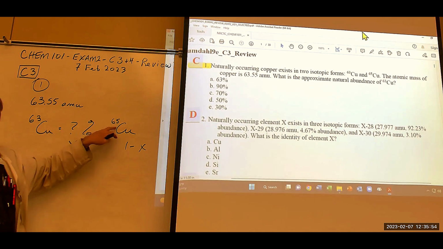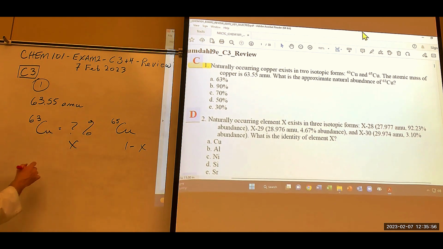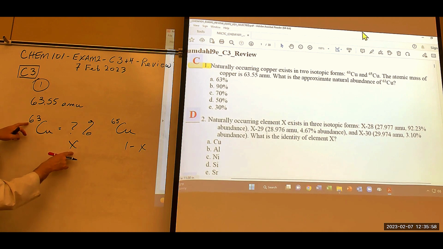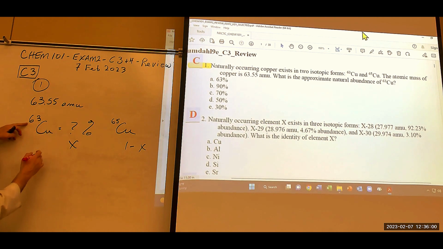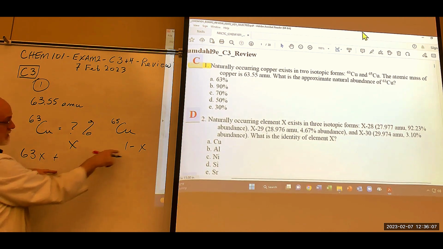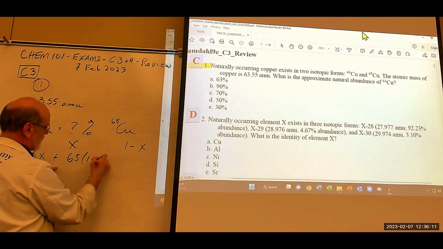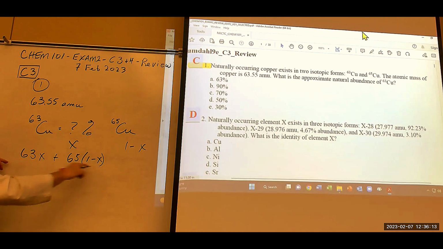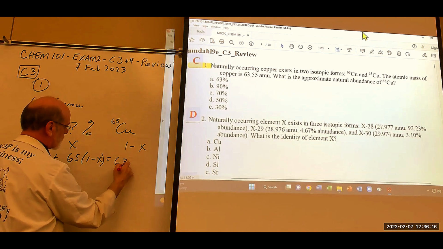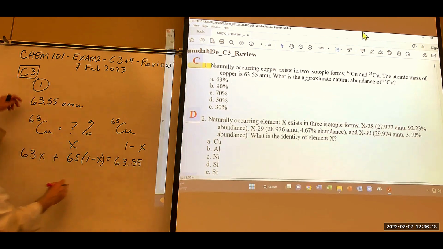Okay. So what we would do is take the fractional contribution of this value, which would be 63 times x, and add to it the contribution of that value, 65 times 1 minus x. And that would be equal to this weighted average. Okay, so now what do we got?